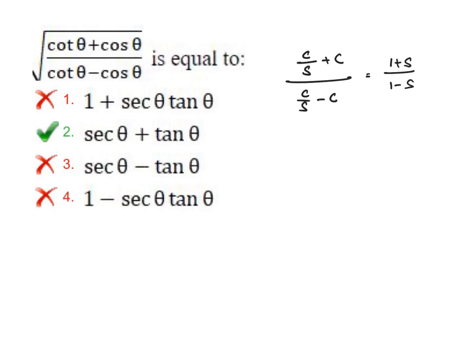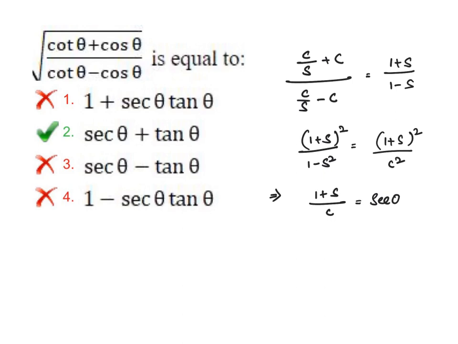If you multiply it with 1 plus sin theta, it will be 1 plus sin theta whole square by 1 minus sin square theta. That is 1 plus sin theta whole square by cos square theta. So if you apply under root, it's going to be 1 plus sin by cos. 1 by cos is secant theta. Sin by cos is tan theta. So answer is secant theta plus tan theta here.